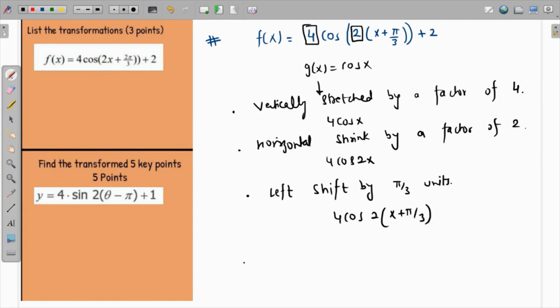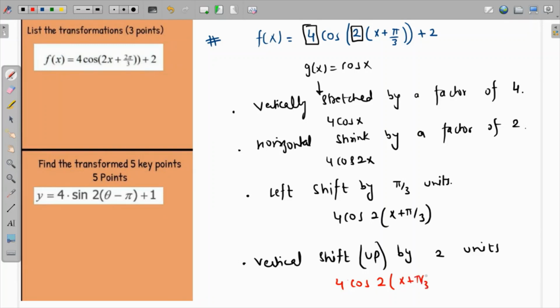And finally, a vertical shift upwards by 2 units. So this will finally become 4 cosine of 2 times x plus pi over 3, plus 2.